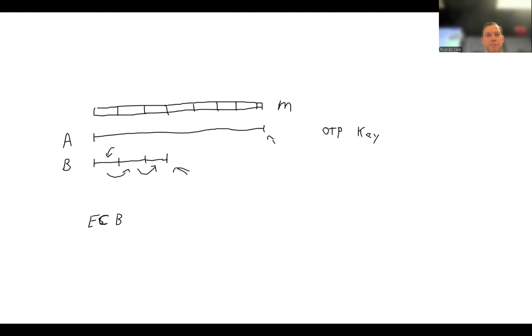So let me see if I can state it in another way here. I have a message here. What's the most common letter in the alphabet? E. And then an uncommon one is X, let's say.